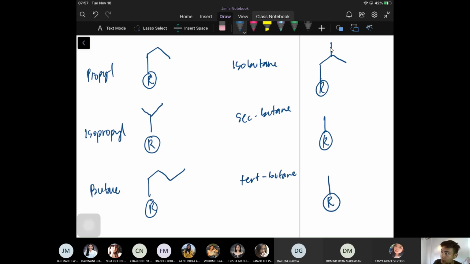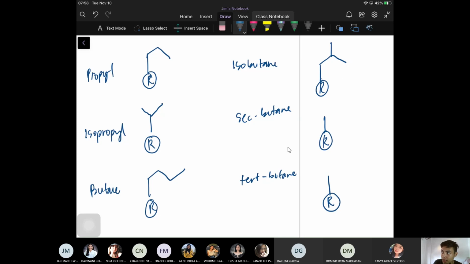Para siyang isopropyl, however, extended siya ng isang carbon. So, that's isobutane. Ano uli nangyari? Sa 4 carbon groups na yan, yung nasa dulong CH3, nilagay sa second to the last carbon. Nilagay dito sa adjacent carbon on the left. Okay? So, andun siya. So, yan yung ating isobutane.